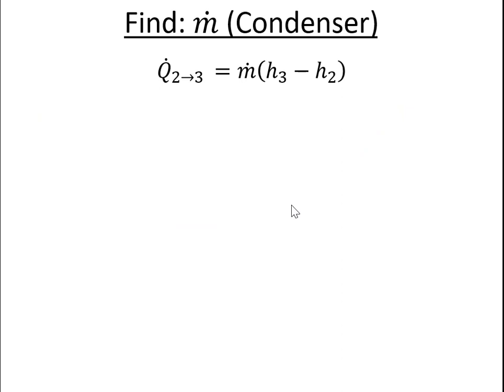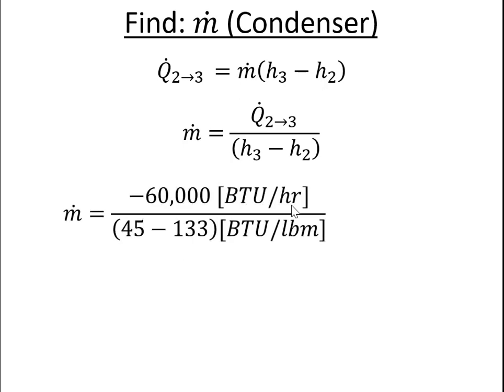When I'm looking at the condenser, I get an expression for m dot: Q2 to 3 over H3 minus H2. I'm using the condenser here because I'm told how much heat is being exhausted. Now I know what my values are, I put them into my calculator, and I can find a mass flow rate of about 682 pound mass per hour.